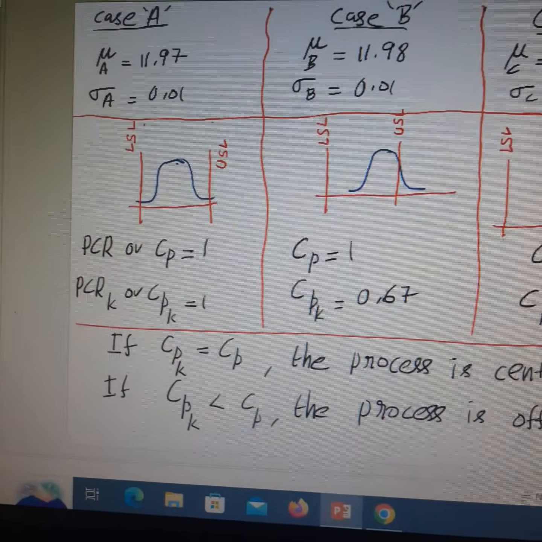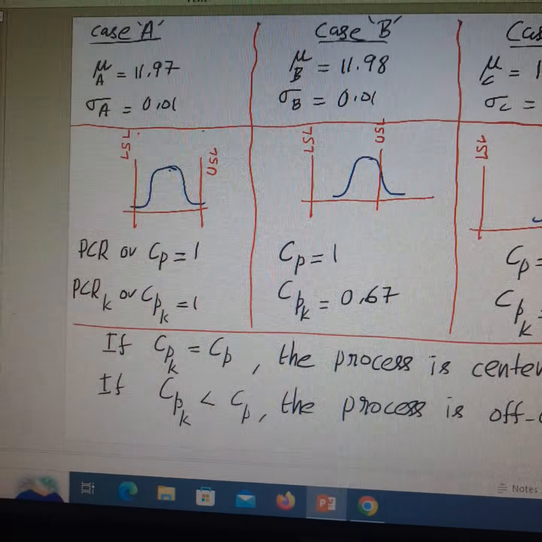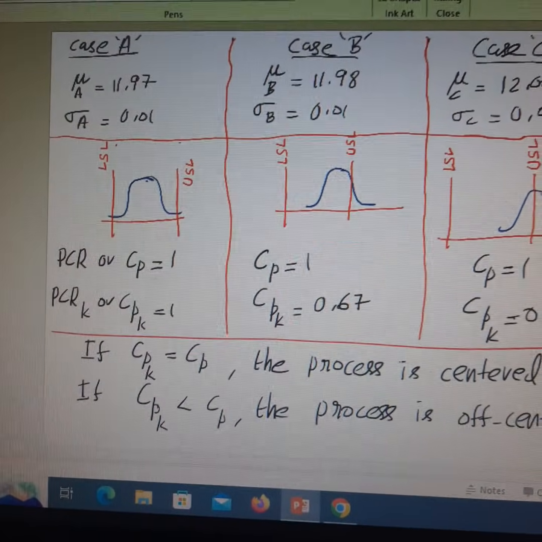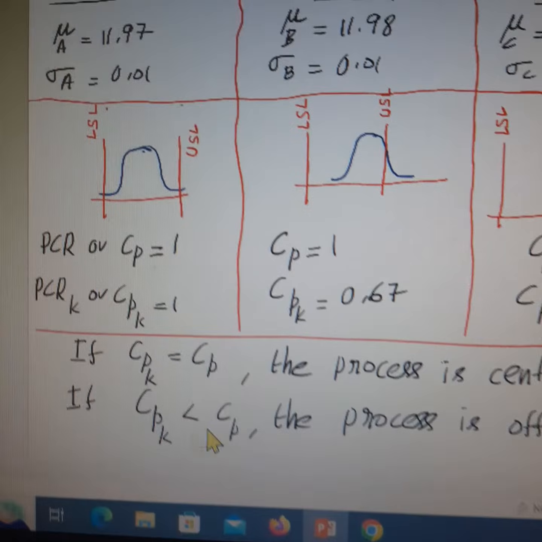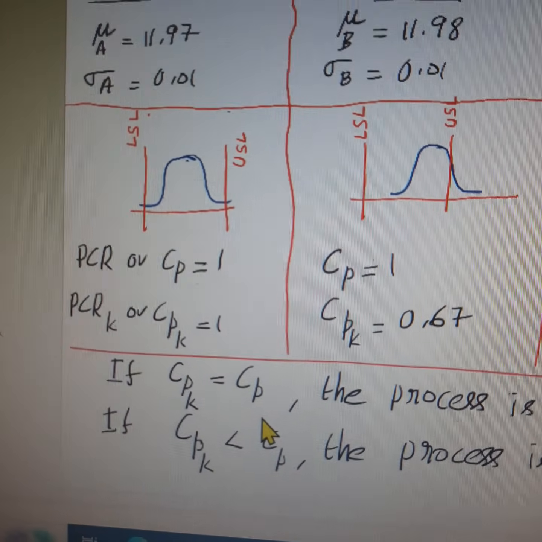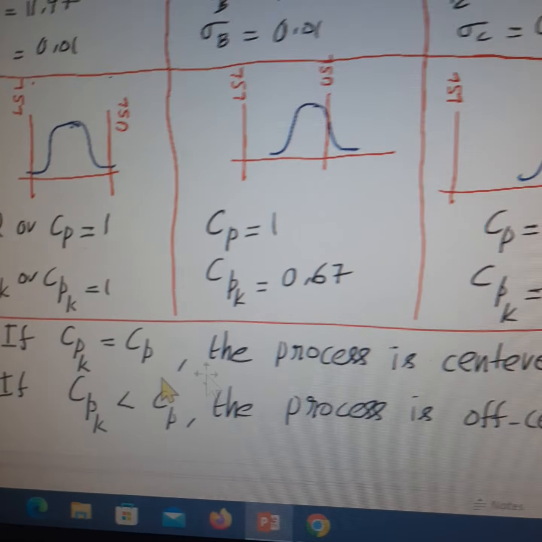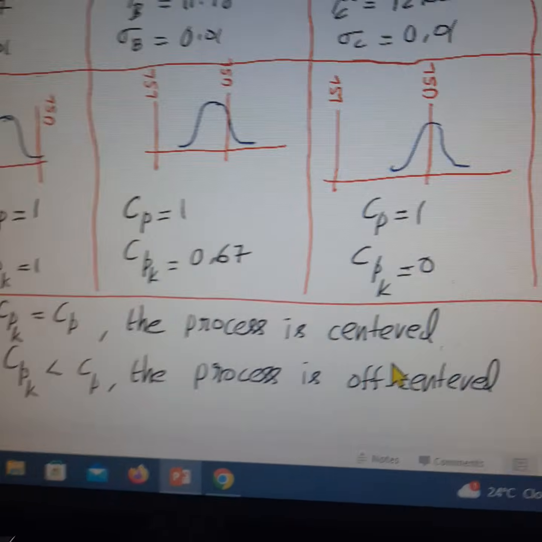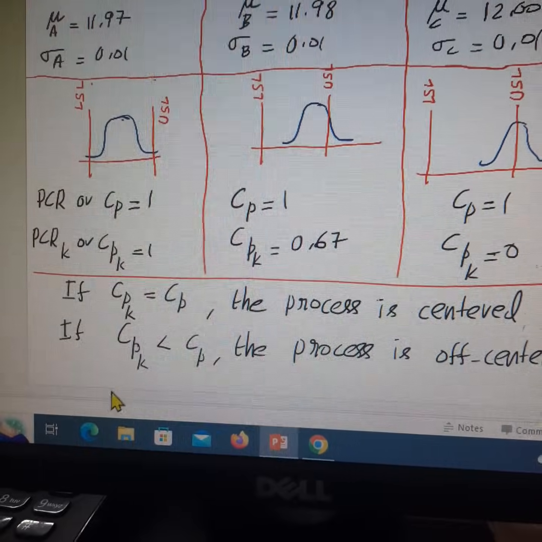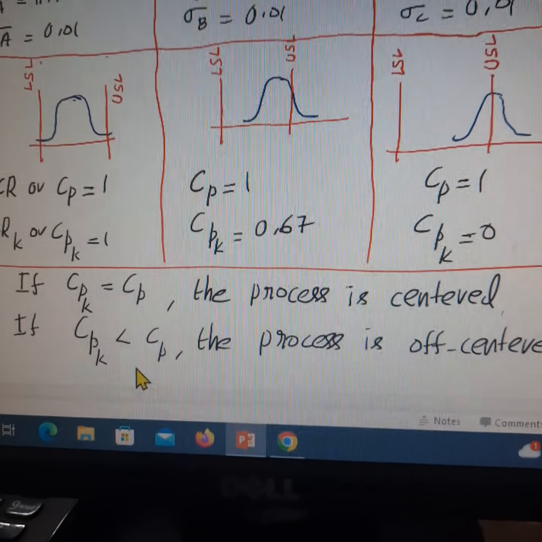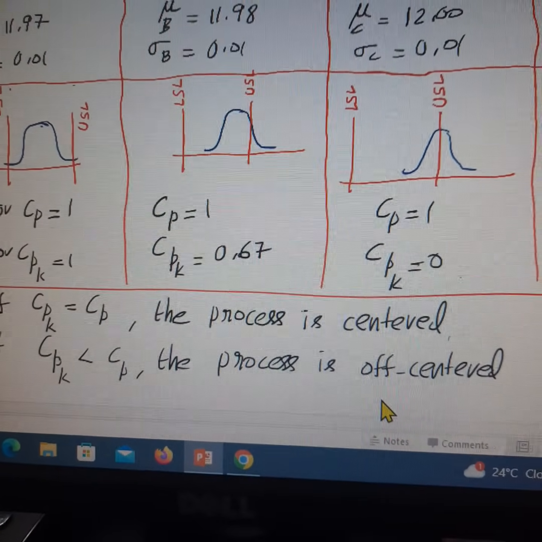What we can understand from comparing these three different cases of process capability study results is that if CPK and CP both are the same, the process is centered. If the CPK is less than CP, the process is off center.